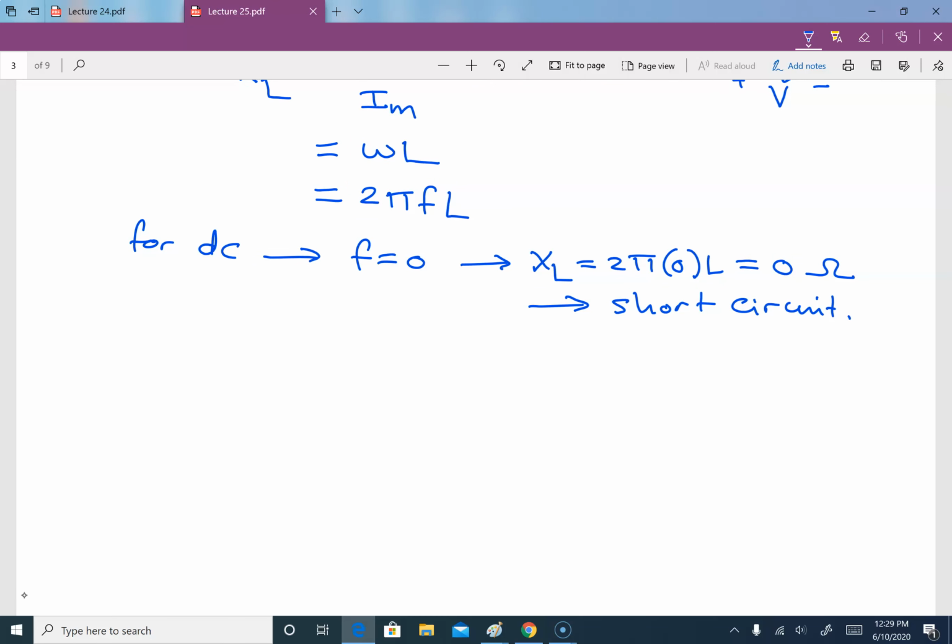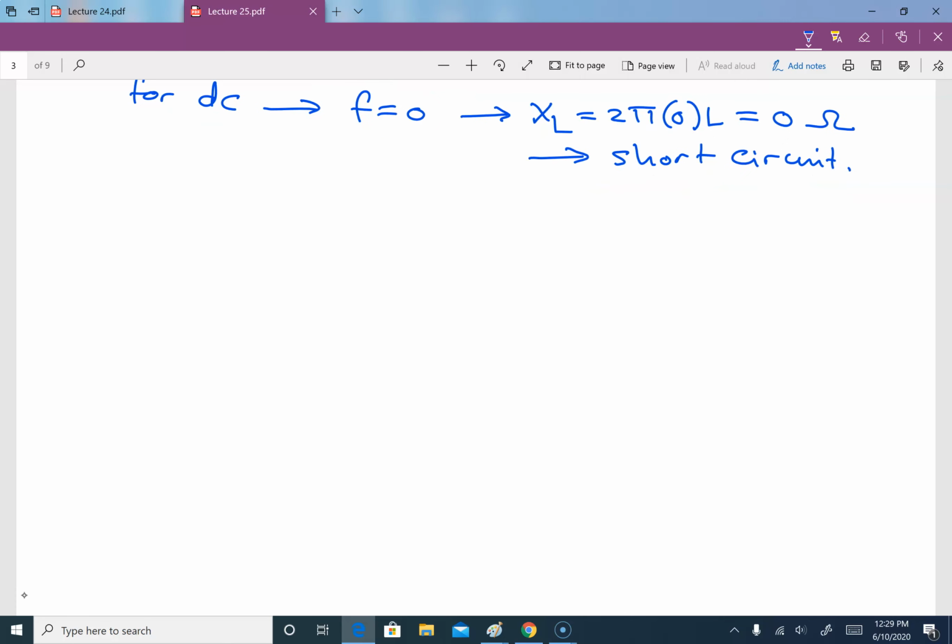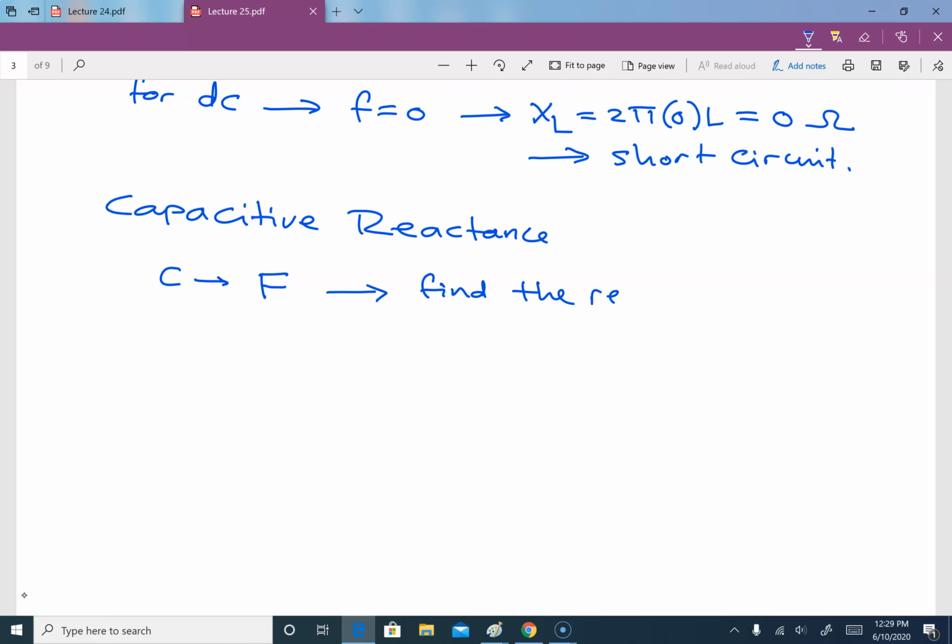So, capacitive reactance. Again, our C is in farad, so we need to find the resistance, which is called reactance, and that will be in ohm.